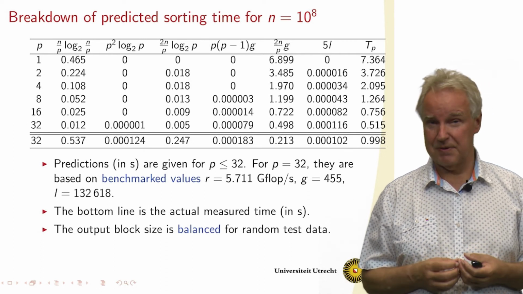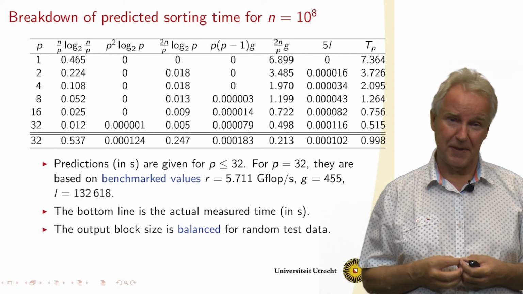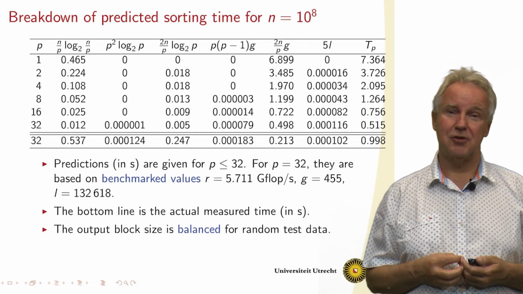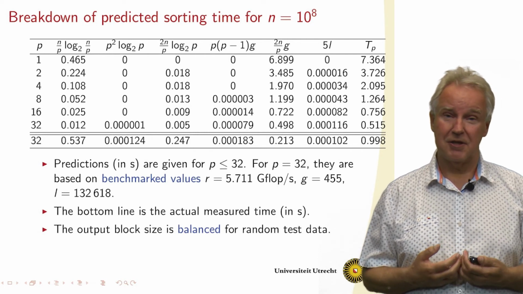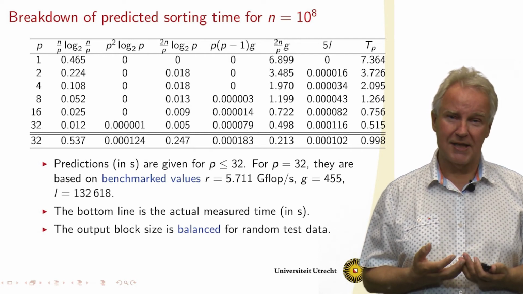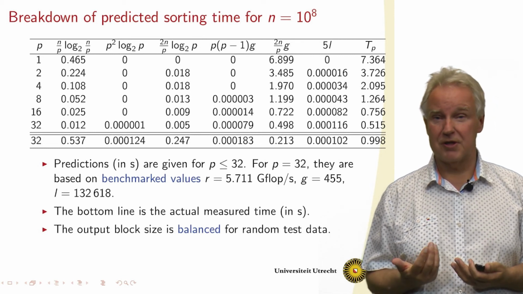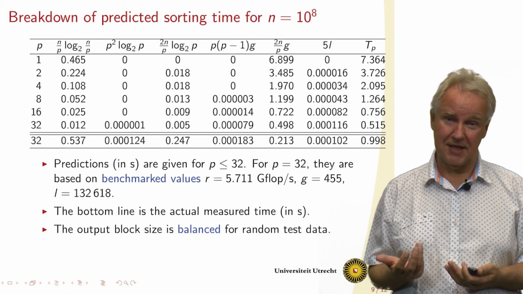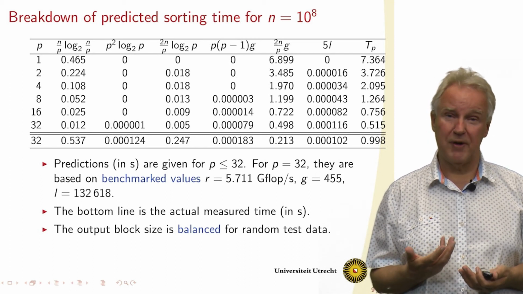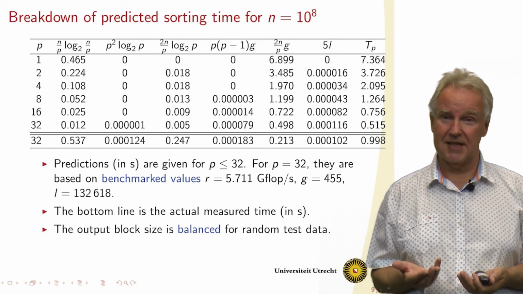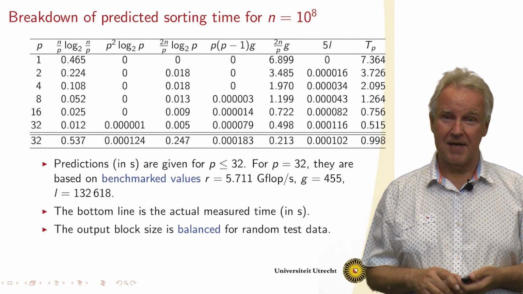It's called DAXPY. And we perform here not so efficient integer comparisons. So the r is not very reliable in this case for this particular sorting application. If we want to predict better, we would need to benchmark sorting and then predict.